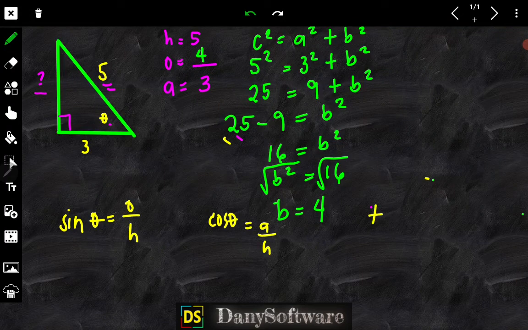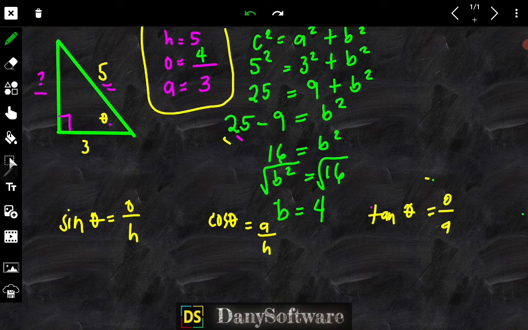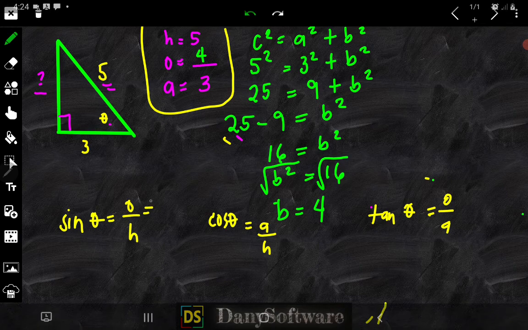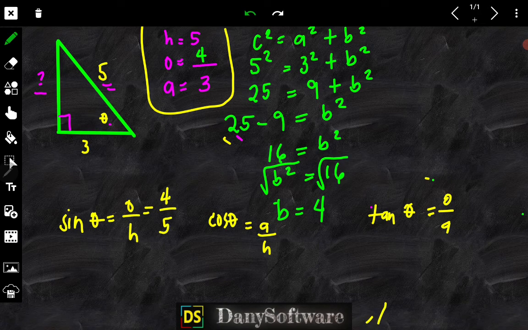And then we have tangent theta, that is equals to opposite over adjacent. So, since meron na tayong sinulat na given, madali na lang siyang i-substitute. O over H, that is 4 over 5. And then A over H, that is 3 over 5. And then O over A, that is 4 over 3.